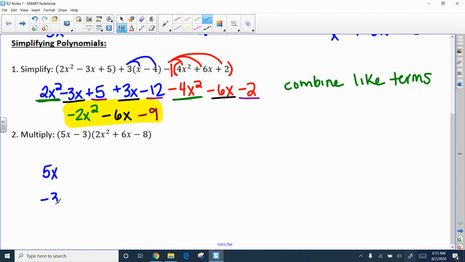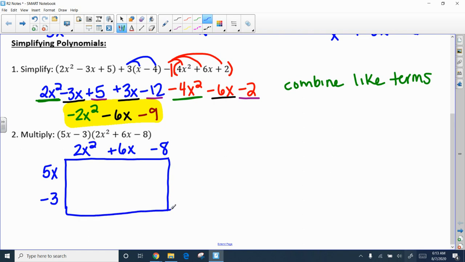So on one side of my box, I'm going to have 5x and negative 3 or minus 3. And then 2x squared plus 6x minus 8. All right, so doing the box method, I'm just multiplying the two terms on the outsides. This is where we have to use a little bit of our exponent rules.